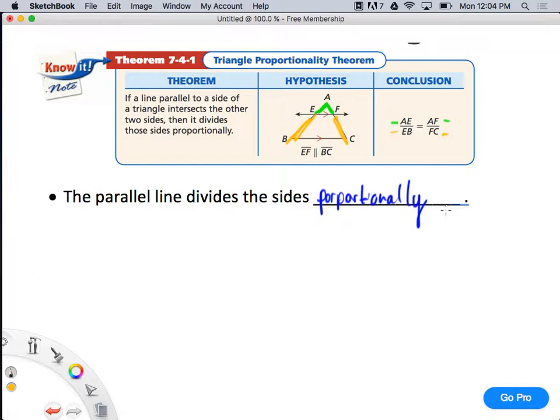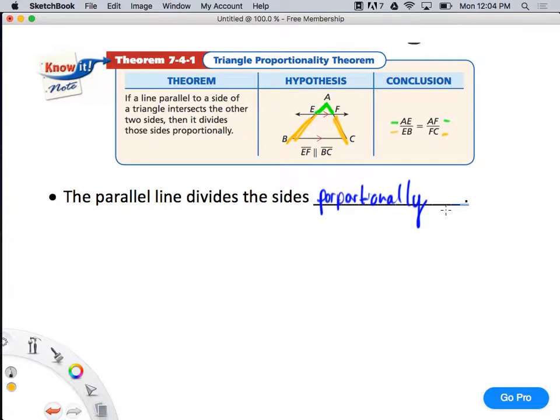This line is dividing both of these sides, you see? But it's dividing it in a type of fraction. Like if this is 3 times as big as this, then this is 3 times as big as this. You see? Does that make sense? So the fractions are the same. The green, AE, over the yellow, EB, is equal to the green, AF, over the yellow, FC.